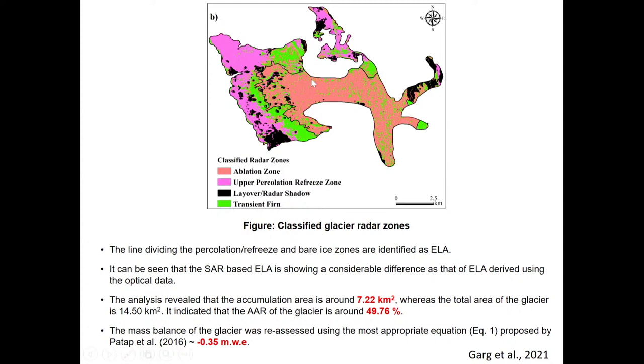We know that the boundary of the lower percolation zone and the bare ice is the representation of the equilibrium line. The area below this line is your ablation area, and the area above that is your accumulation area. So you can see here, this is the accumulation area of this glacier, and the orange color is your ablation area of this glacier.